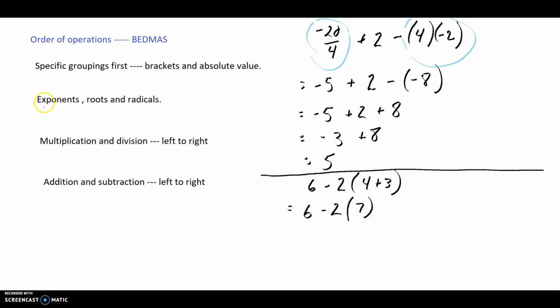We don't have any exponents or roots and radicals, so we can ignore that part. Next, we have to work on any multiplication and division. I do have some multiplication right there, so that should be next. 6 subtract 2 times 7 is 14. And 6 subtract 14 is negative 8. So those are complete.